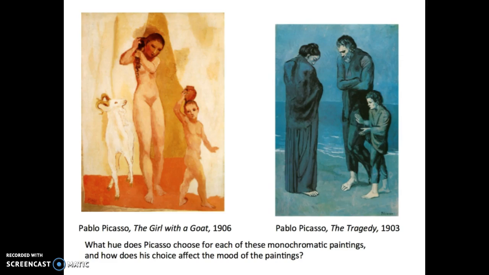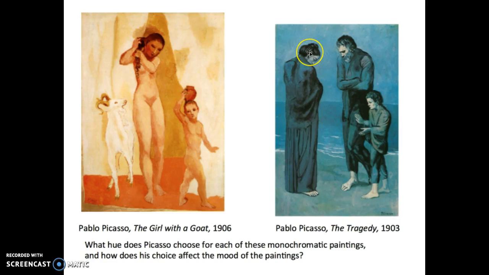Colors can have different emotional effects. They can create a mood in works of art. Oftentimes we associate blue with melancholia, although that certainly is not universal. Not all cultures associate blue with melancholia.